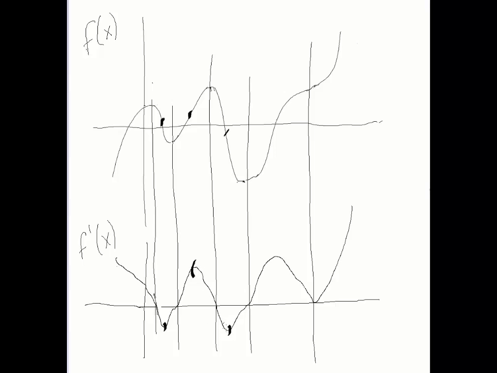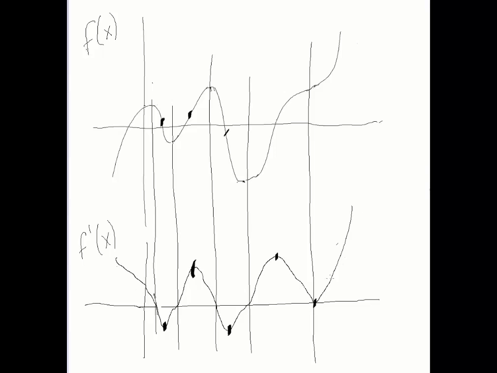These peaks here in the slope, these are where inflection points occur. So slope is decreasing, increasing, decreasing, increasing, decreasing, increasing.